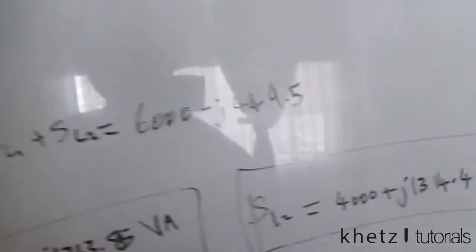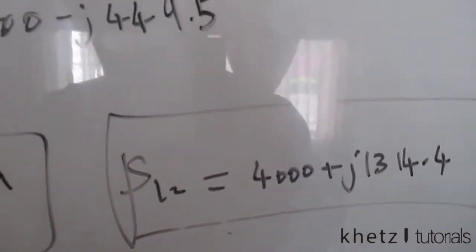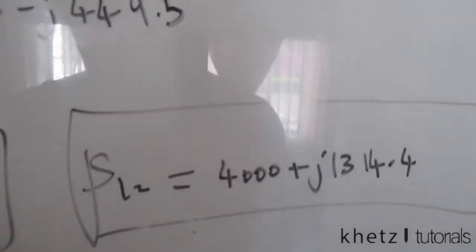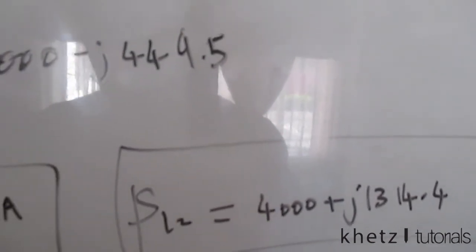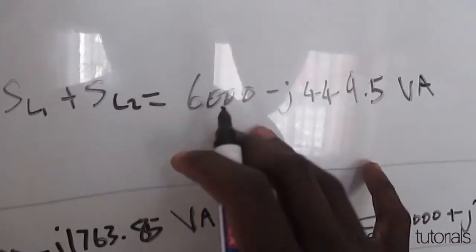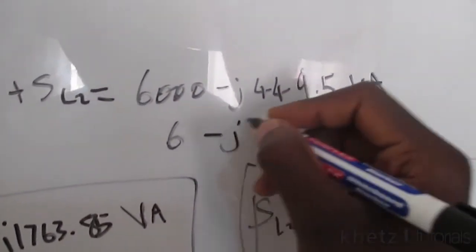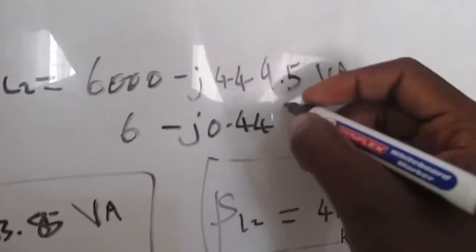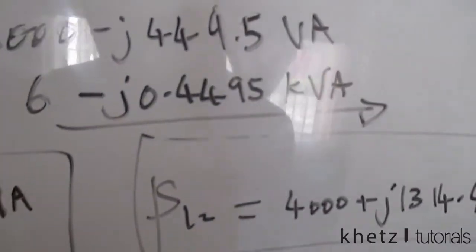Let me just verify that quickly using my calculator. 1314.4 subtract 1763.85 gives negative 449.45, which you can round to negative 449.5. So that is fine. This is the total complex power, which we can write as 6 subtract j0.4495 kilovolt amperes. That is the second part of the question.